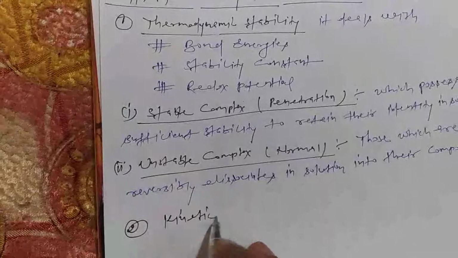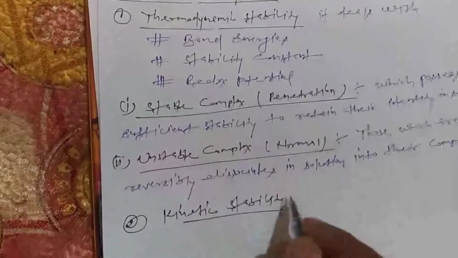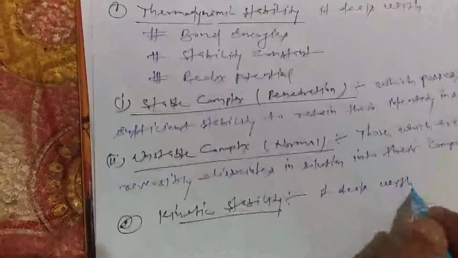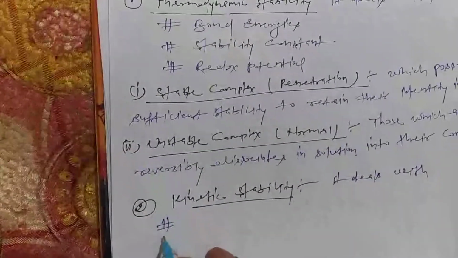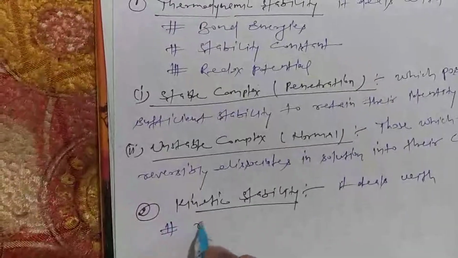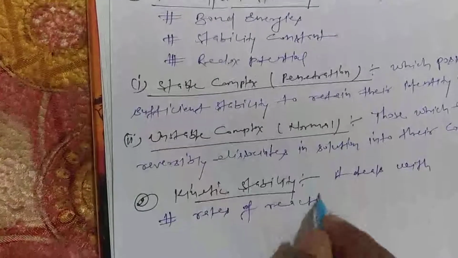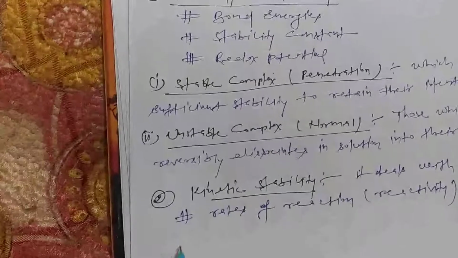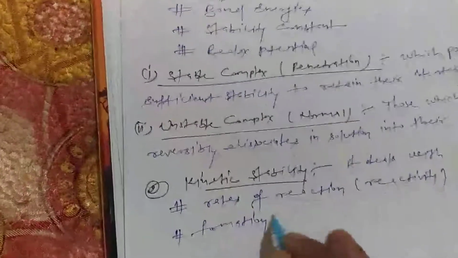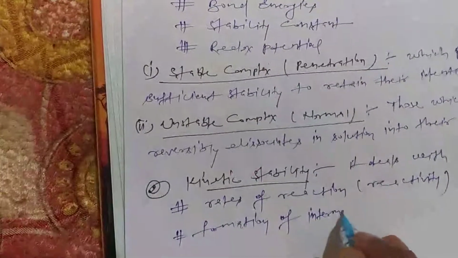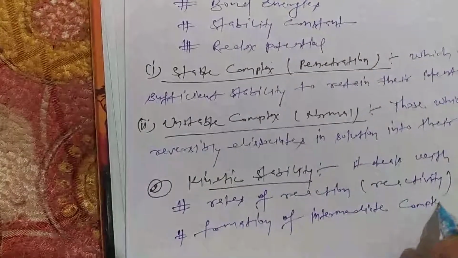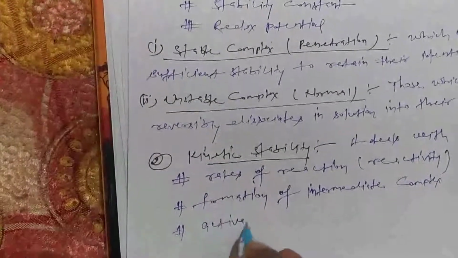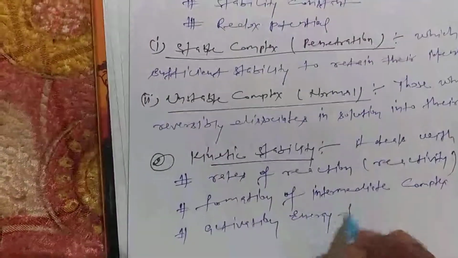The second type of stability is kinetic stability, and it deals with the rate of reaction, which is also called reactivity, then the formation of intermediate complex, then the activation energy for the process.